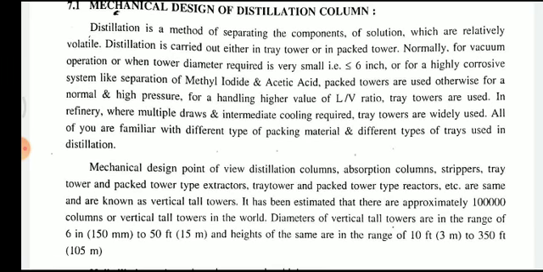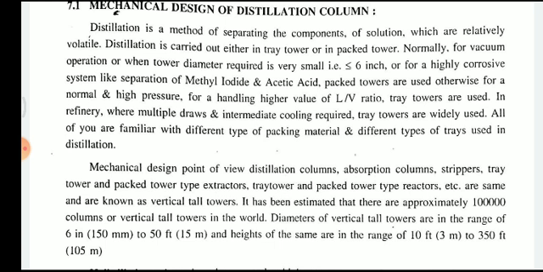Normally, for a vacuum operation or when a tower diameter required is very small, in other words less than or equal to 6 inch, or for a highly corrosive system like separation of methyl iodide and acetic acid, pack towers are used.